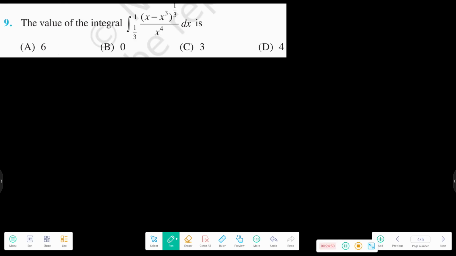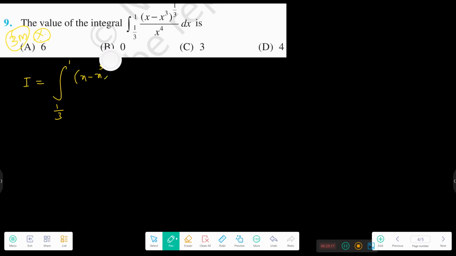Okay. For next, question number 9. They may ask this in 3 marks also. Now they gave it as an MCQ, but if they don't give options, they may ask it in 3 marks also. It is one of the important questions. So I is equal to the integral of (1 divided by x minus x power 3) whole power 1 by 3, divided by x power 4, into dx.